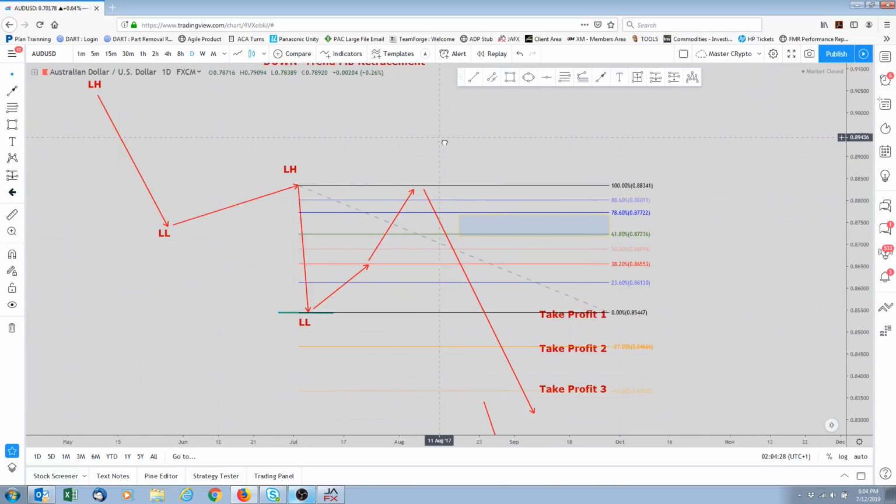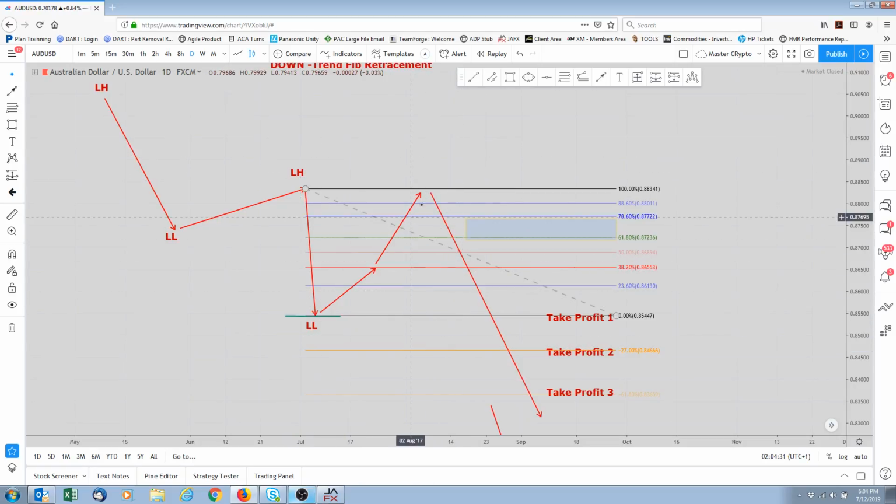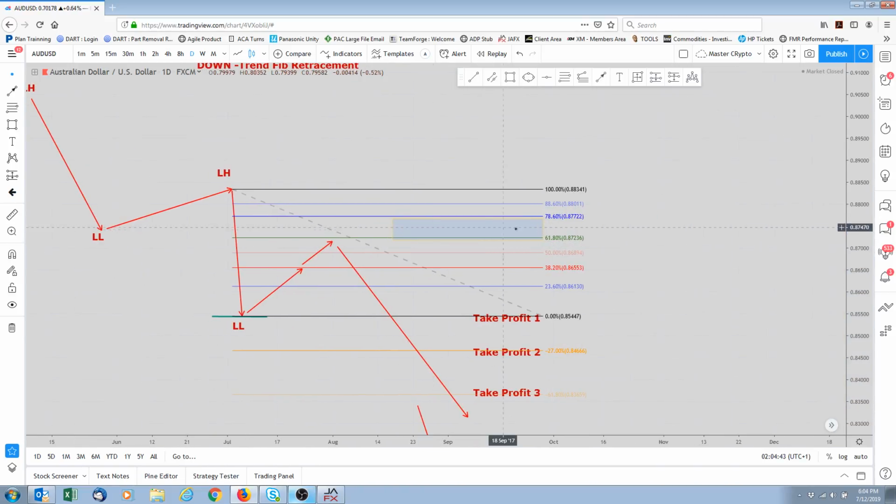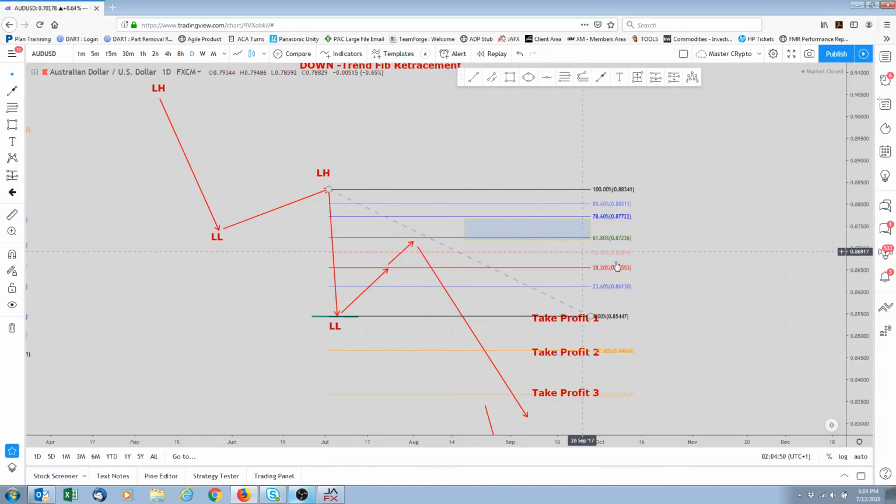Always, you always have to think about this. Is it following structure? Is it breaking structure? And if it's following structure, then we use fibs and we place trades in the most ideal areas, and between 61.8 and 78.6 is an ideal area.